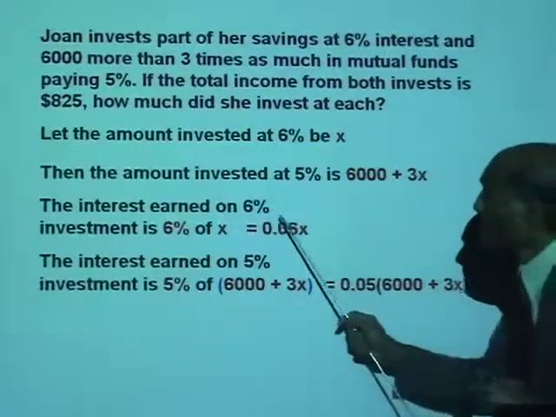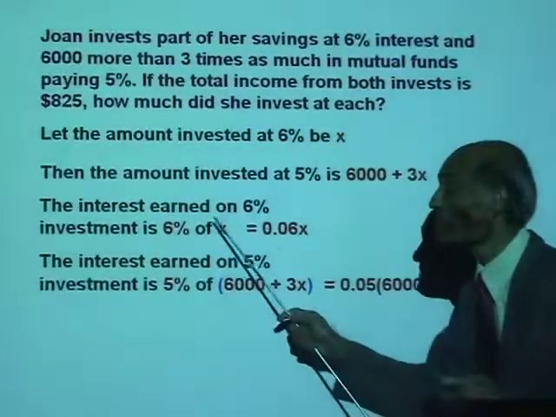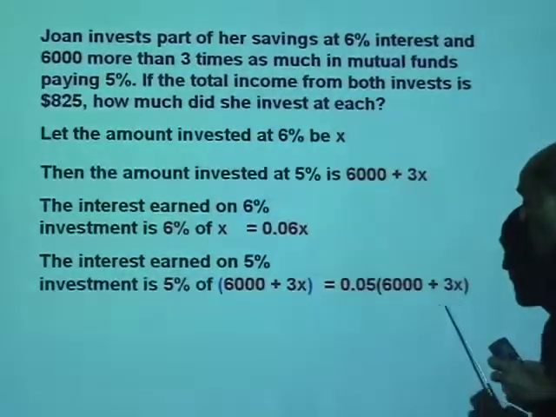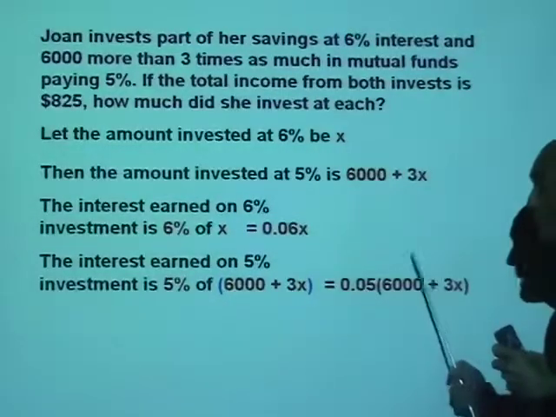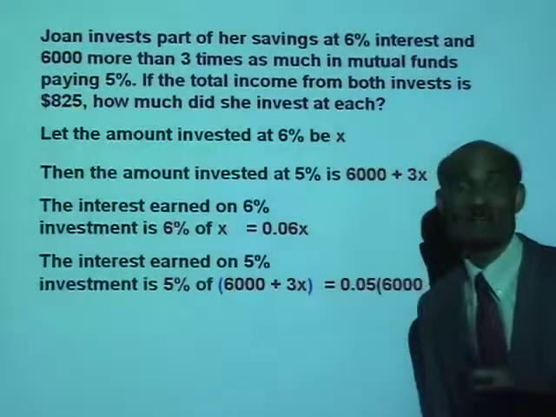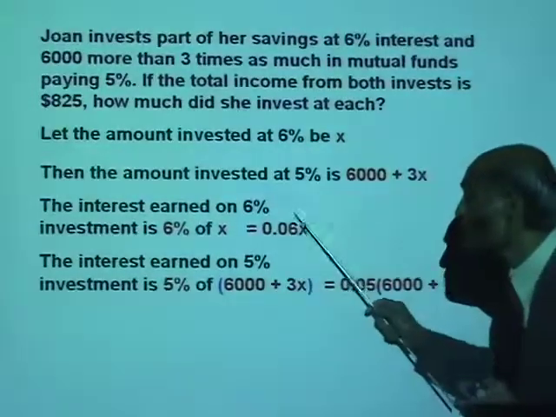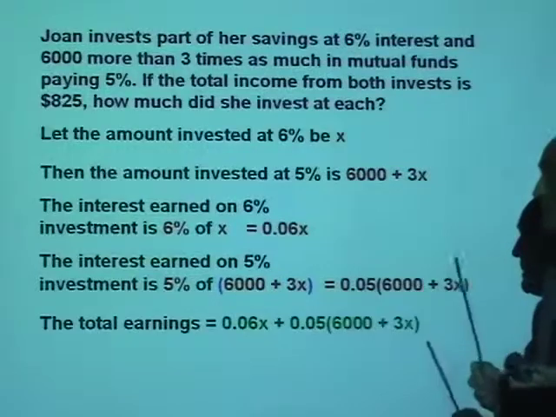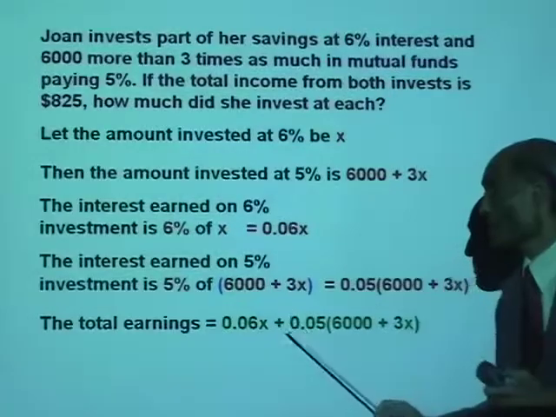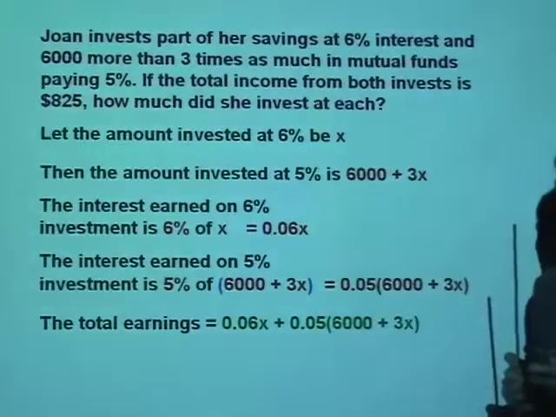And now, 0.06x is the amount of interest she will get on the 6% investment, and 0.05 times 6,000 plus 3x is the amount of interest she will earn on the 5% investment. What is the total interest therefore she will earn? It is this quantity added to this quantity. The total interest is 0.06x plus 0.05 times 6,000 plus 3x.